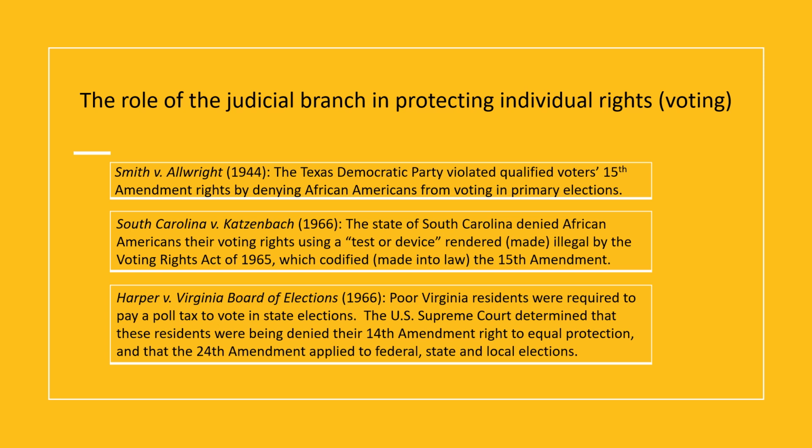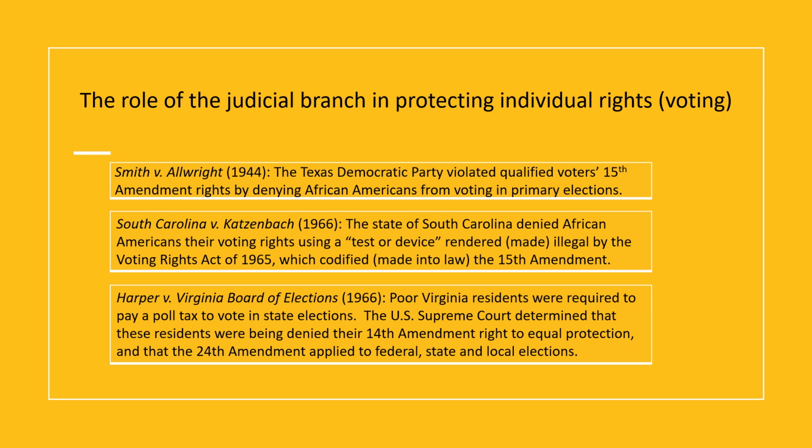Therefore, by denying somebody the right to vote in a primary, you're also denying them their 15th Amendment right to vote because of the connection between selecting candidates and thus then selecting office holders. So the Texas Democratic Party argued for a narrow interpretation of the 15th Amendment, but the U.S. Supreme Court in 1944 broadened its interpretation.